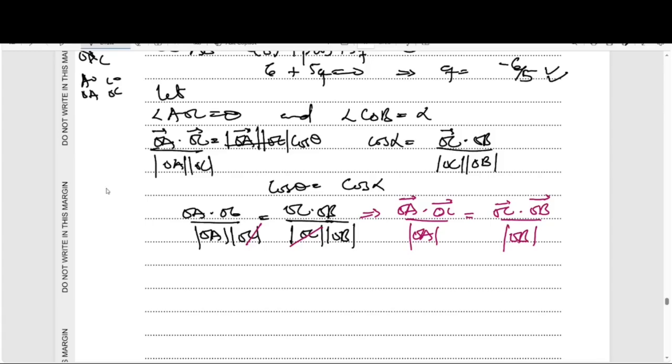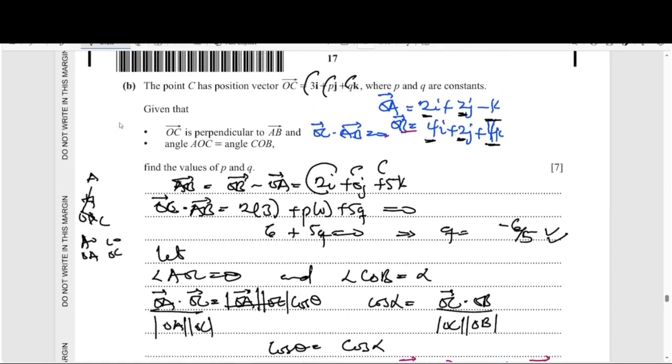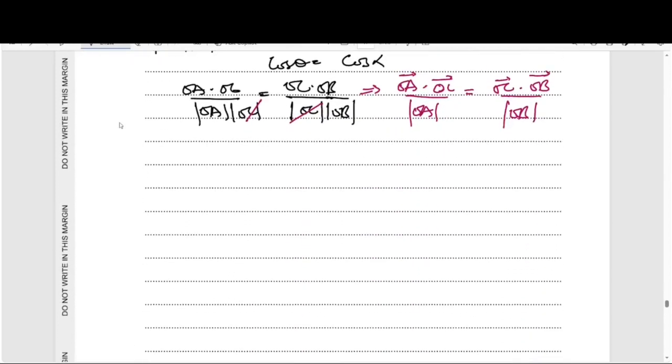So we have over here our A has been given as 2, 2 and negative 1, and then C was given up here as 3, p and q, right? So I'm going to find OA dot OC. Let me use a black color.